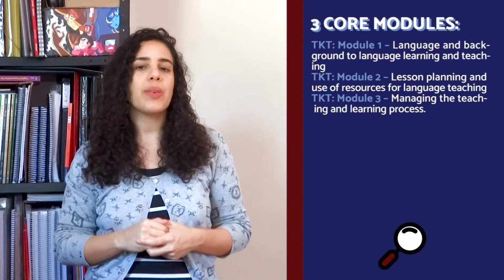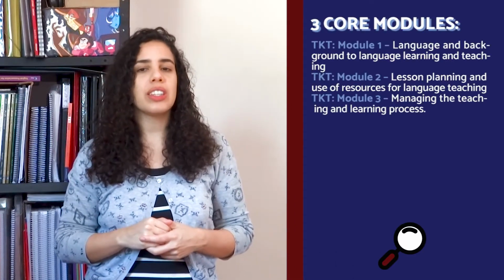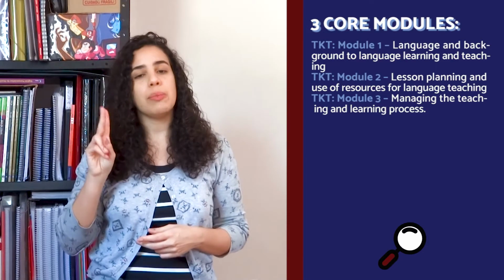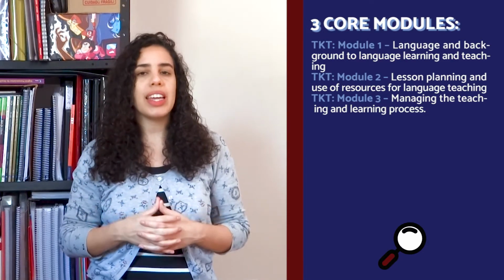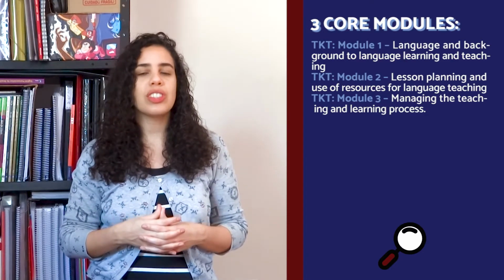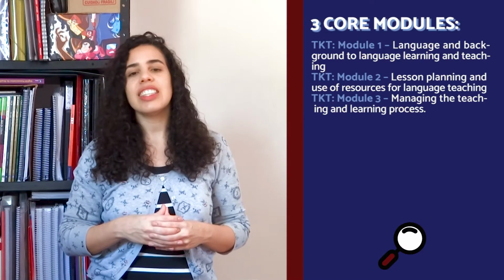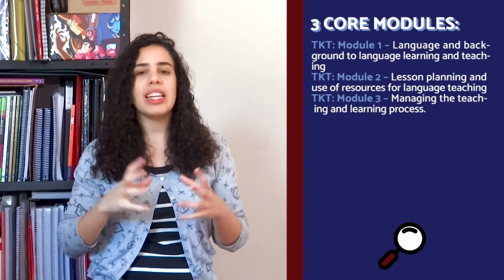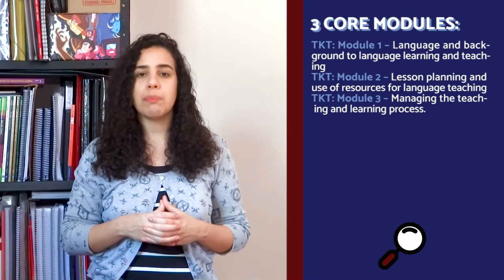The TKT is divided into three core modules: TKT Module 1, Language and Background to Language Learning and Teaching; TKT Module 2, Lesson Planning and Use of Resources for Language Teaching; and TKT Module 3, Managing the Teaching and Learning Process.